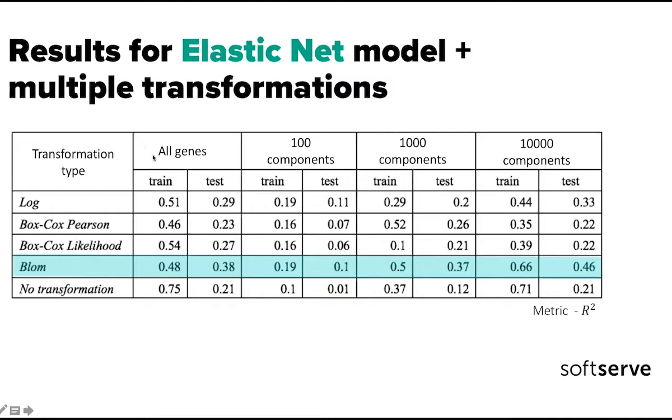We have results for all genes, and for hundreds, thousands, and 10,000 principal components. And as a result, which is really logical, the best accuracy on the test set that we get is from the inverse normal transformation, or Blom, and 10,000 components.